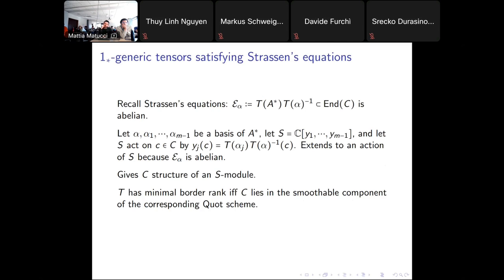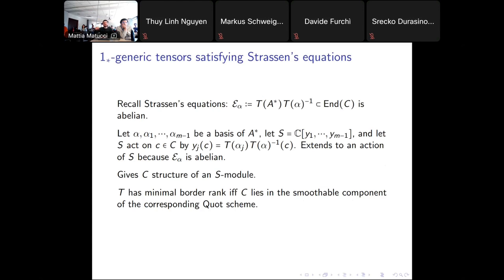I was going to take half an hour to explain to you what that is, but we don't have that half hour. I still have debts to pay, so let me pay my debts instead. But for those of you who know what the Quot scheme is, or those of you who don't, there's this object to parametrize, and when I do a translation, I get to a well-studied problem in algebraic geometry, perhaps not so well understood though. Questions?